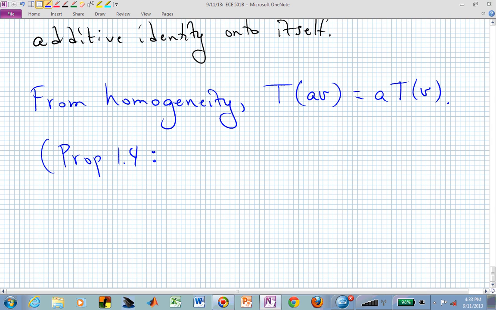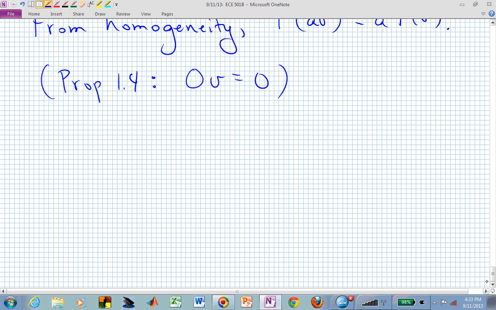Proposition 1-4 was an overloaded result, which says take the zero scalar and apply that to any vector, and you'll get the zero vector back, or you'll map that into the zero vector. That's proposition 1-4. All right, so now for a linear operator, we can basically say let A equals 0, which is a member of our field of either real numbers or complex numbers.